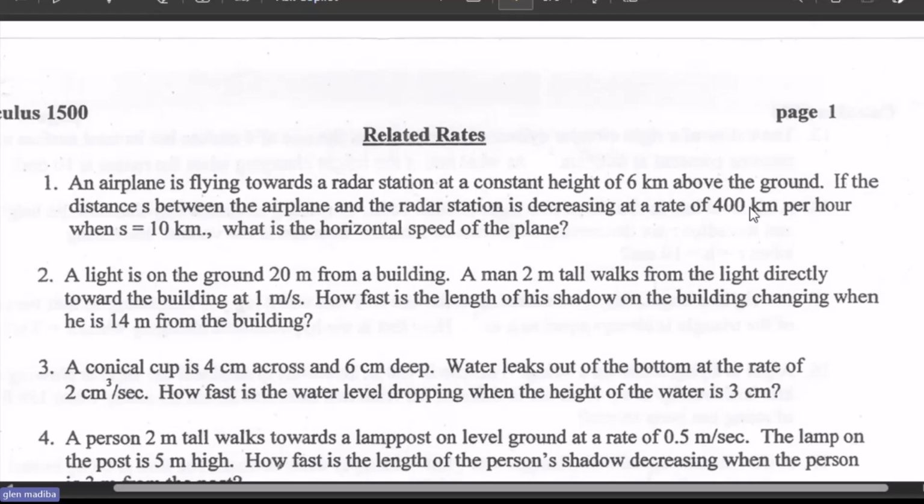So now, can you and I agree that ds over dt equals minus 400 kilometers per hour? Because this distance is decreasing. Yes, sir. Do you see it?